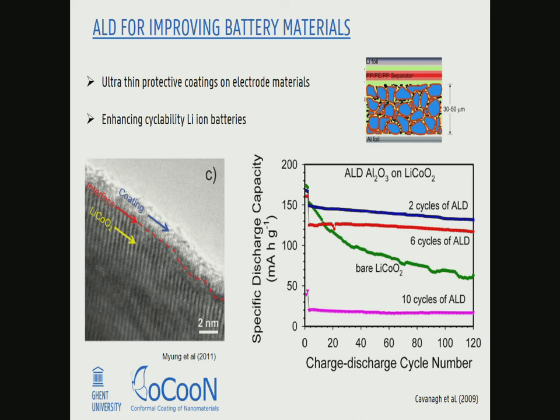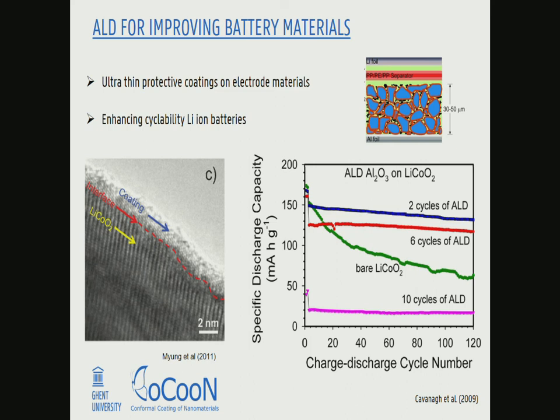So if the layer is too thick, you're just killing your battery, which is definitely not a good idea. But if it's like this magic layer of a couple of angstroms, it preferably grows probably at locations that are otherwise very prone to degradation.